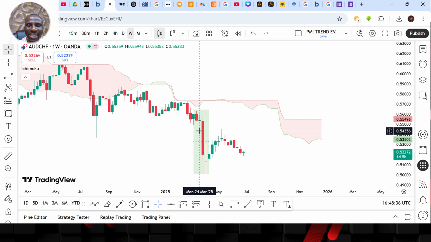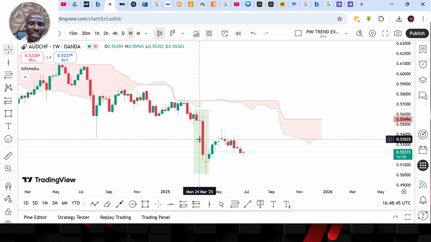This triggered panic in the global financial market, and there was a risk off sentiment in the market. So capital started flowing away from AUD.